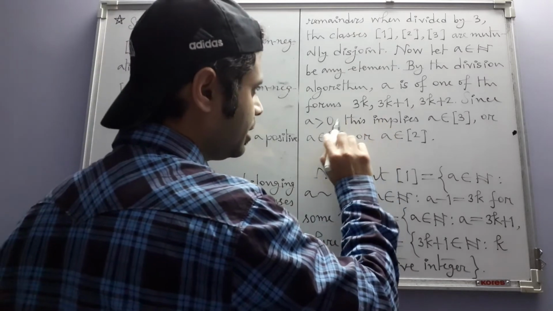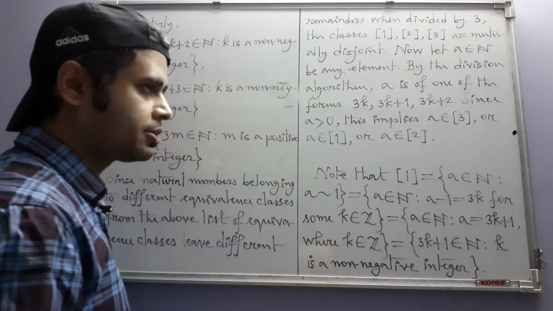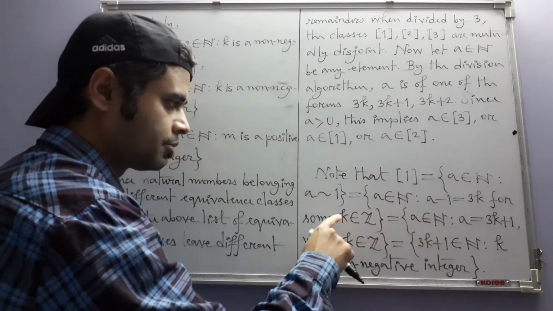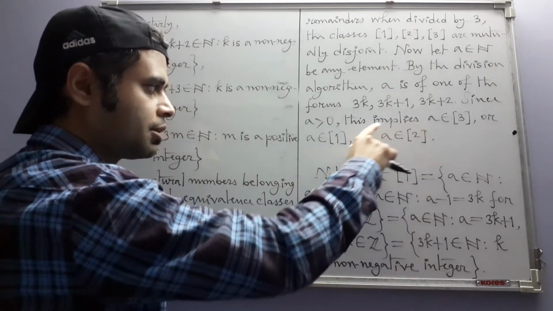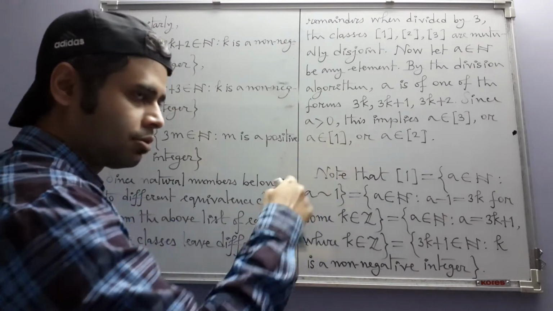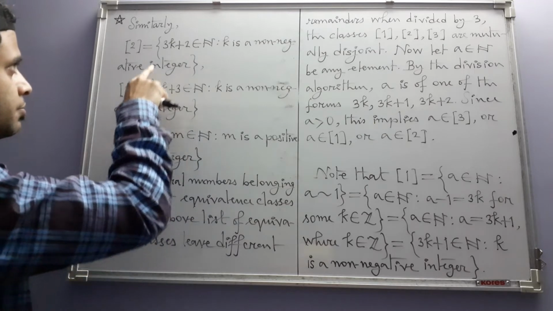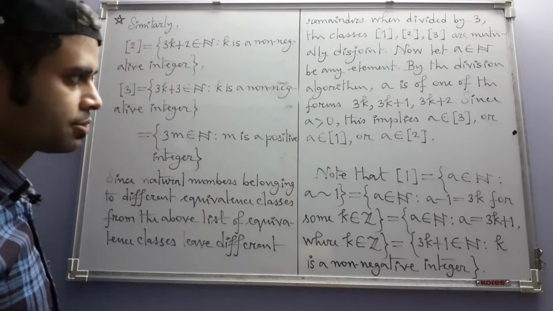You see, if a is of the form 3k plus 1, then fine, it belongs to class 1. That's what we have written here. Also, if a is of the form 3k plus 2, then it belongs to class 2.